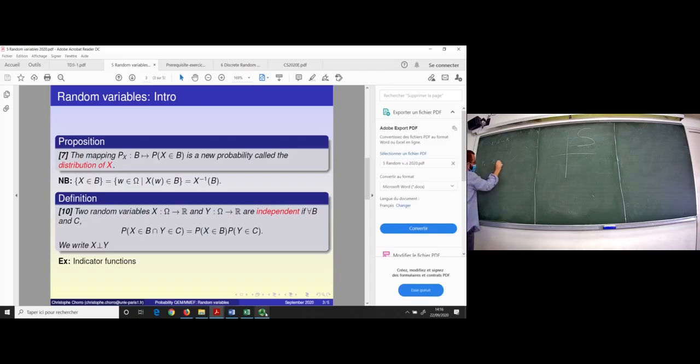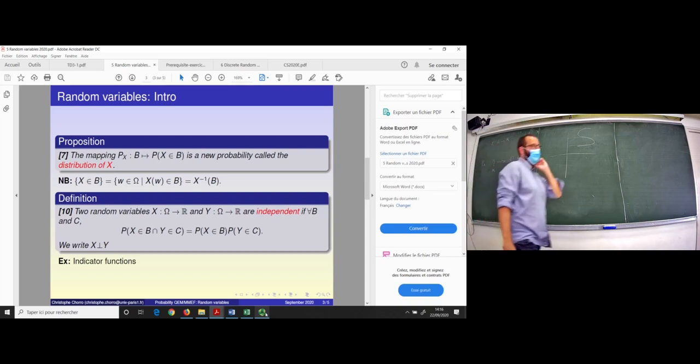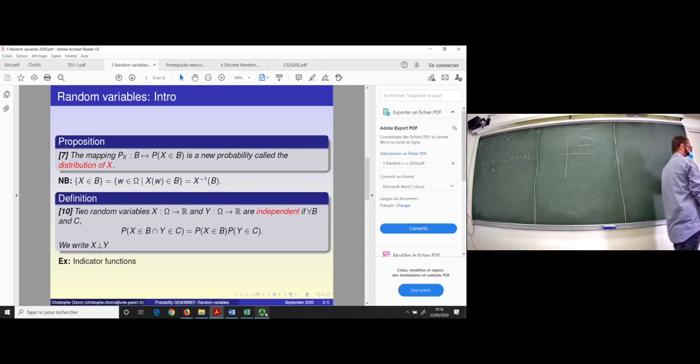It associates to any subset B of R, included in the real numbers for sure, the probability that X belongs to B. It's the definition given in the proposition.